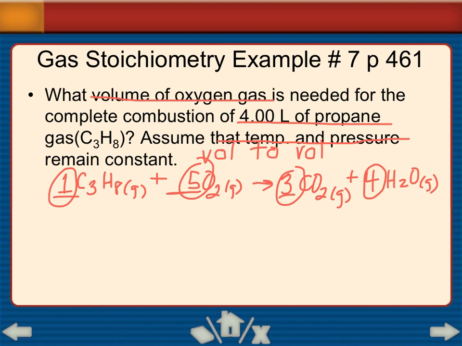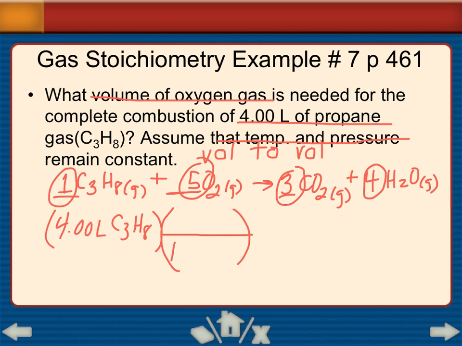So if we have 4.00 liters of propane, and the question asks us how much oxygen gas we are going to use, we're again going to use essentially what we know as the molar ratio, only we're taking the ratio of volumes.